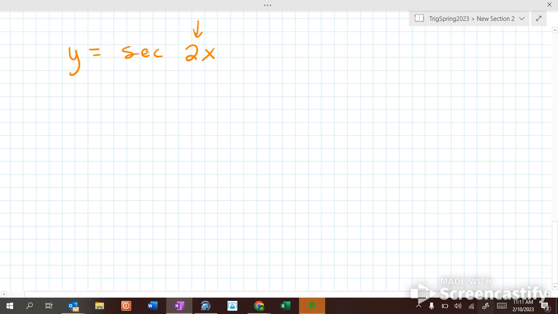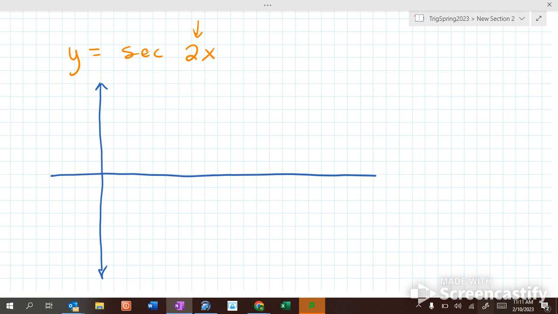Thank you, Oliver. It affects the period. So since that's a 2, I'll just go 4 again to get to pi over 2, pi, 3 pi over 2, and 2 pi, and 1, and 2, and negative 1, and negative 2.